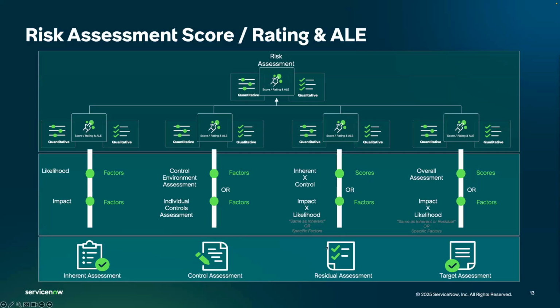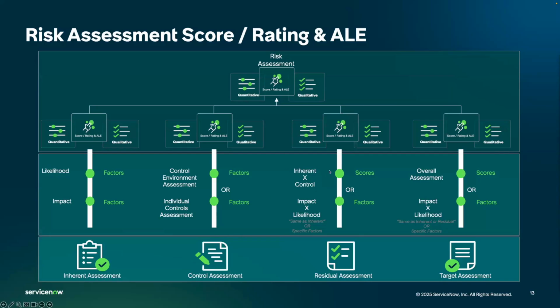Residual assessment, third column. Here's where it gets interesting. Residual can be calculated in two ways. Option number one, impact times likelihood using factors. Either reuse the same factors as inherent or configure specific residual factors. This gives assessors the chance to reassess after considering controls.